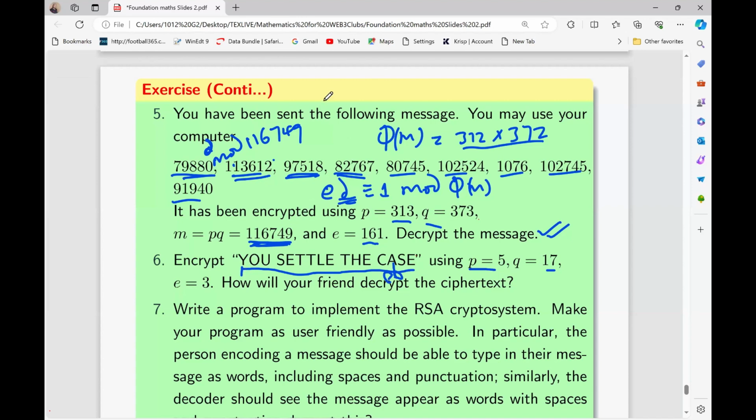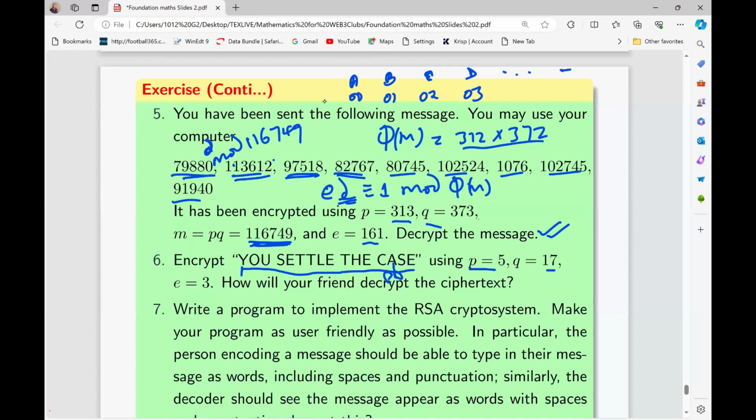You see, what we do is this. A is 0, 0. B is 0, 1. So C will be 0, 2. D will be 0, 3, and so on.